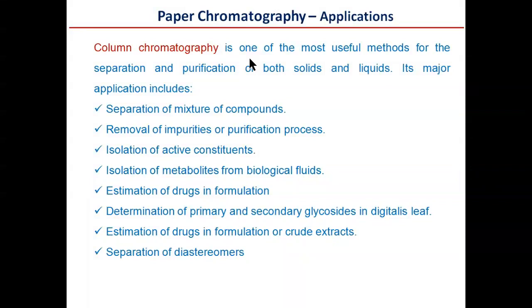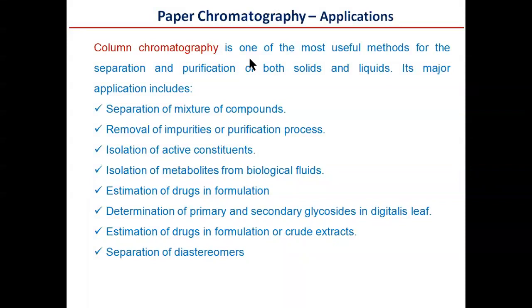It is also used for the isolation of active constituents. Column chromatography is used for the isolation of metabolites from biological fluids. This is very important, and still people are using this column chromatographic method to isolate the various metabolites from the biological fluids.